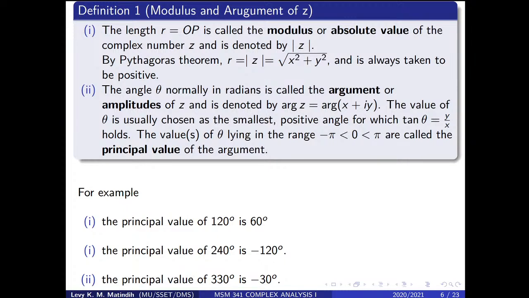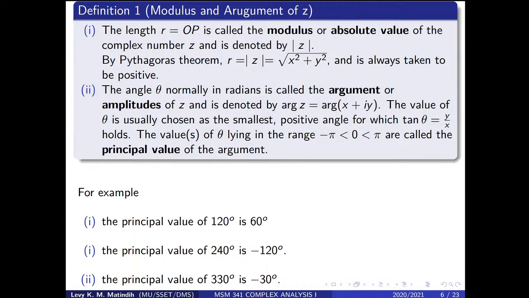It lies between negative pi and pi. What do we mean by that? In short, it lies from 0 to negative pi, or from 0 to pi. So the principal argument of a complex number lies either between 0 and negative pi, or from 0 to pi.